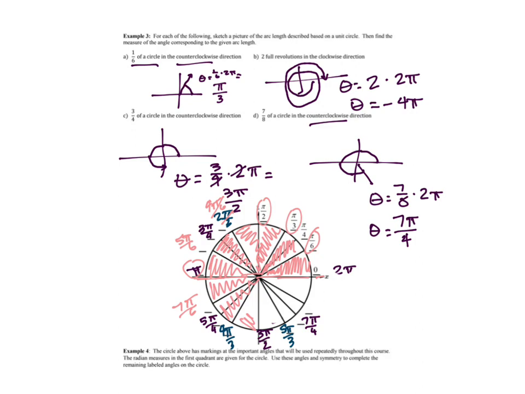And then again, 9 pi over 6, 3 pi over 2. 10 pi over 6, 5 pi over 3. What's this one? 11 pi over 6. What's the next one? 12 pi over 6, also known as 2 pi.